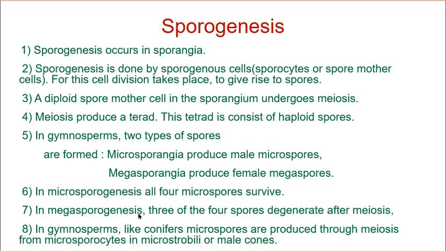In megasporogenesis, three of the four spores degenerate after meiosis. In gymnosperms like conifers, microspores are produced through meiosis from microsporocytes in microstrobili or male cones. So I think it is clear what sporogenesis is.